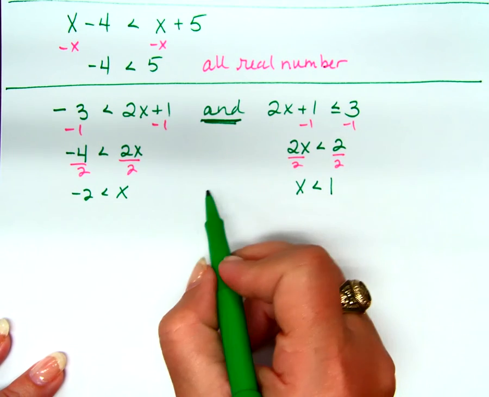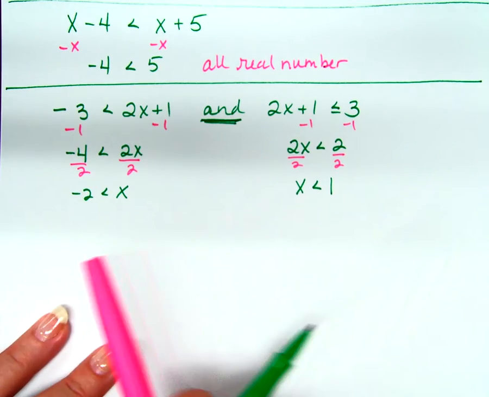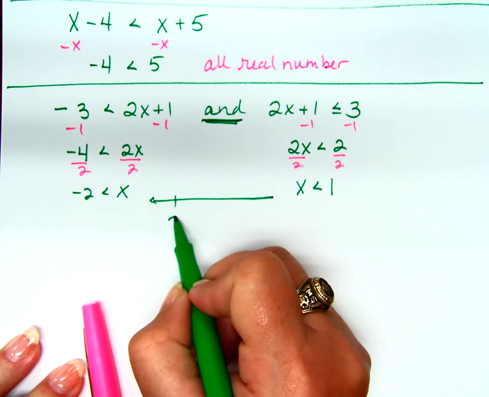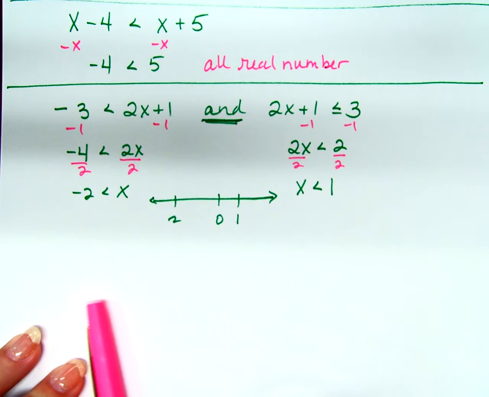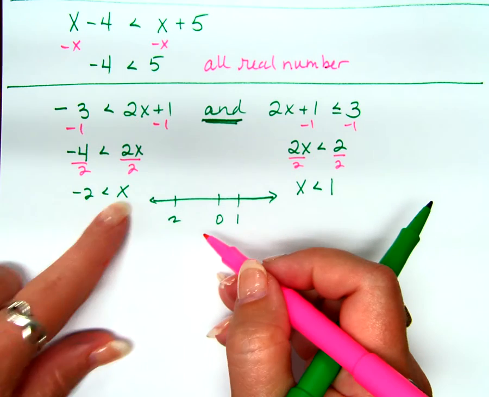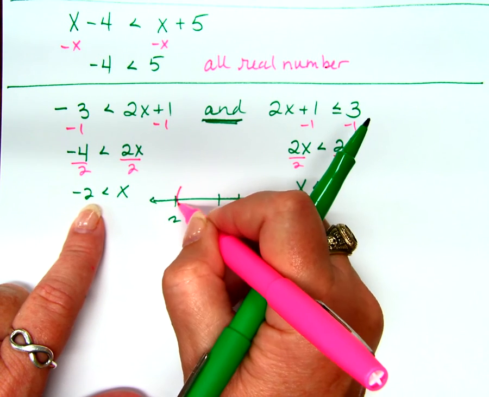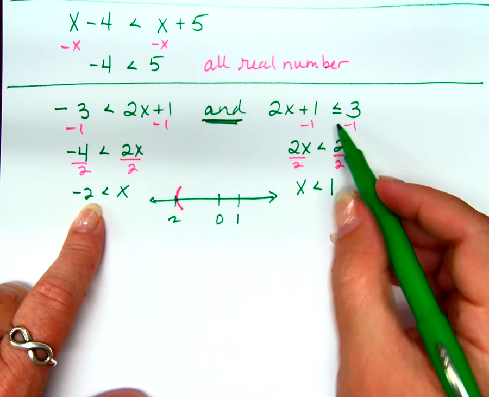Because this is an and, we can graph them on the same number line, right? So I've got negative 2 here, and I've got 1 here, which means 0 is like right there, right? So x is greater than negative 2. Can I fix this real quick?